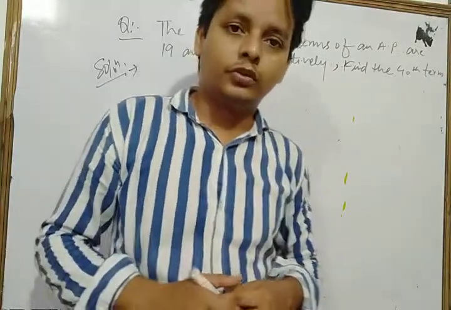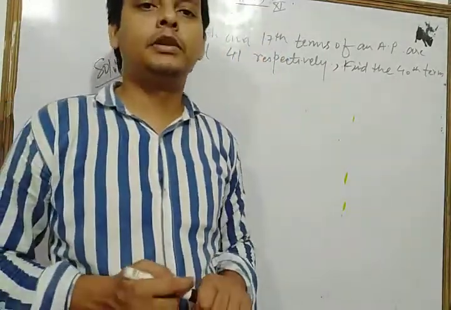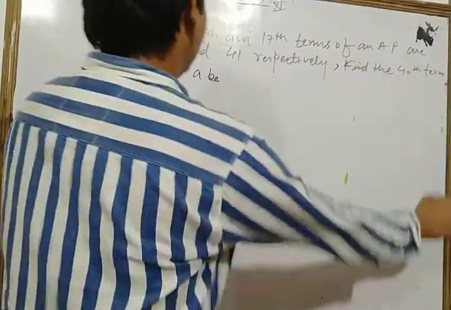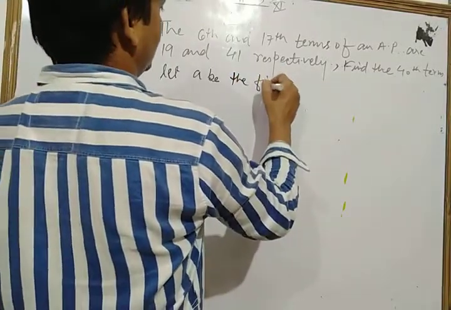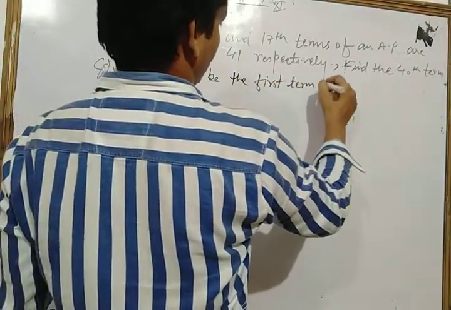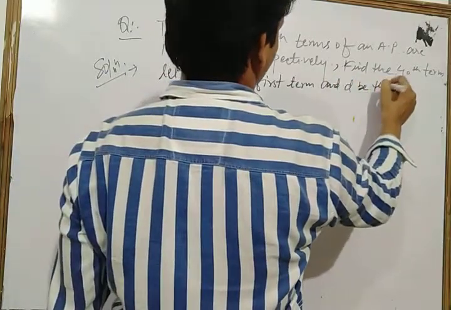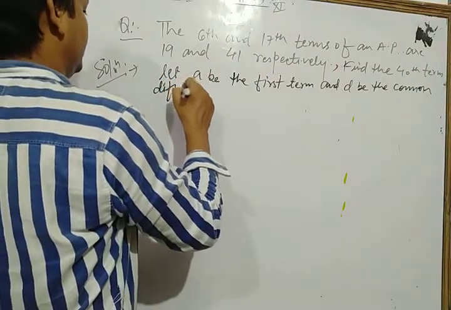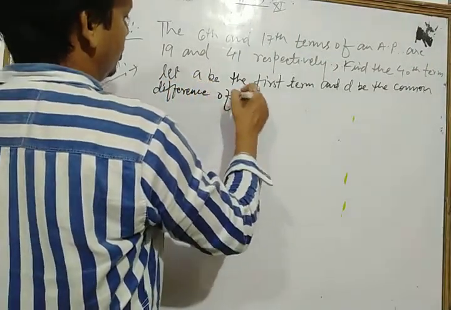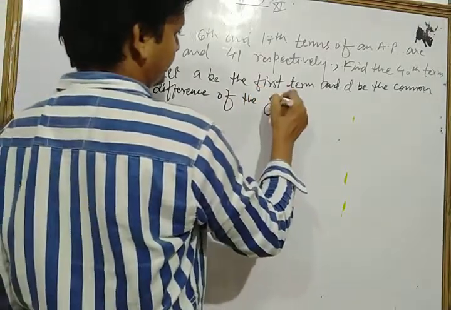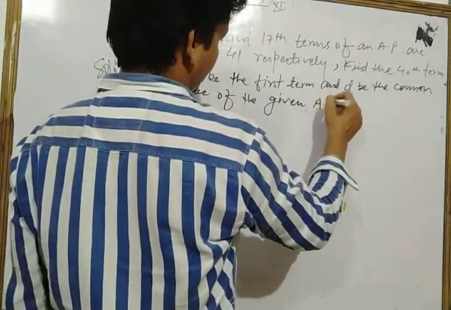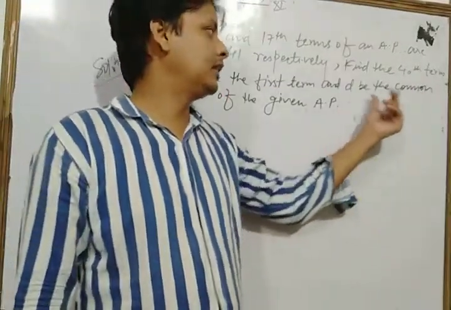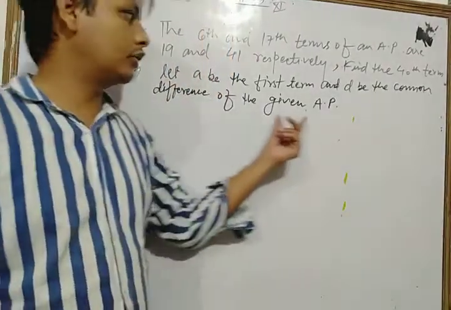In this type of question, first of all we assume that let A be the first term and D be the common difference of the given AP.